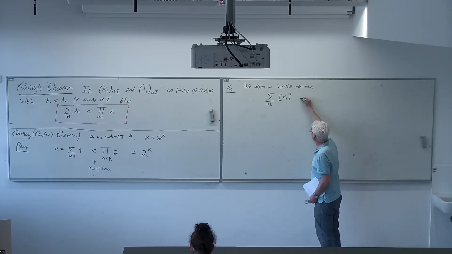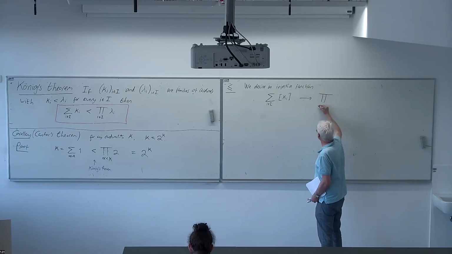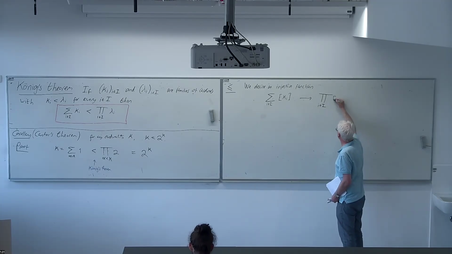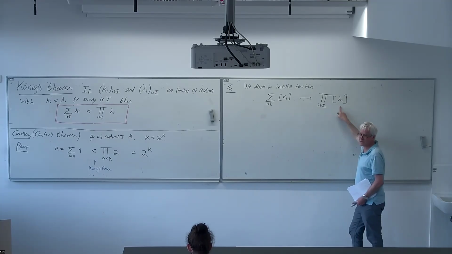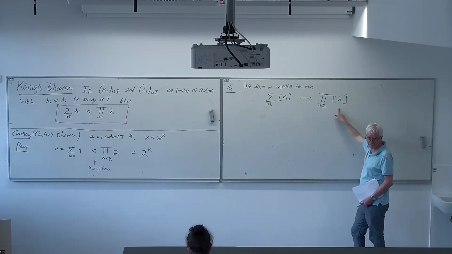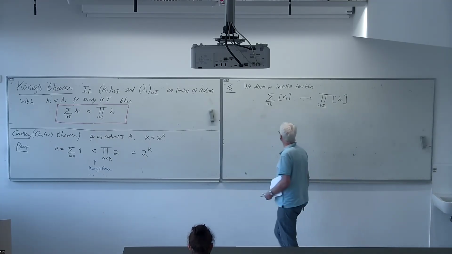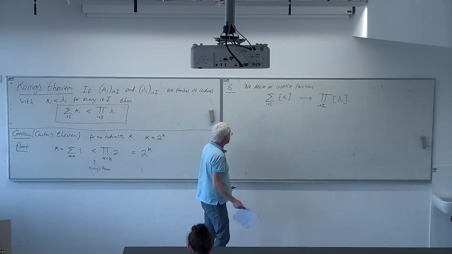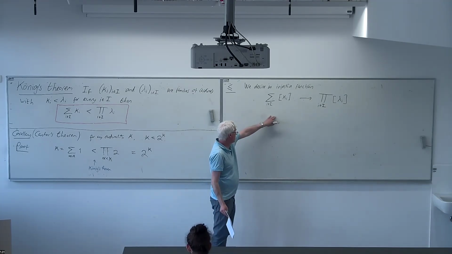We want to find an injective function from that set into the product over the index set of the sets of ordinals strictly below lambda_i. Okay. So we need to give such an injective function.